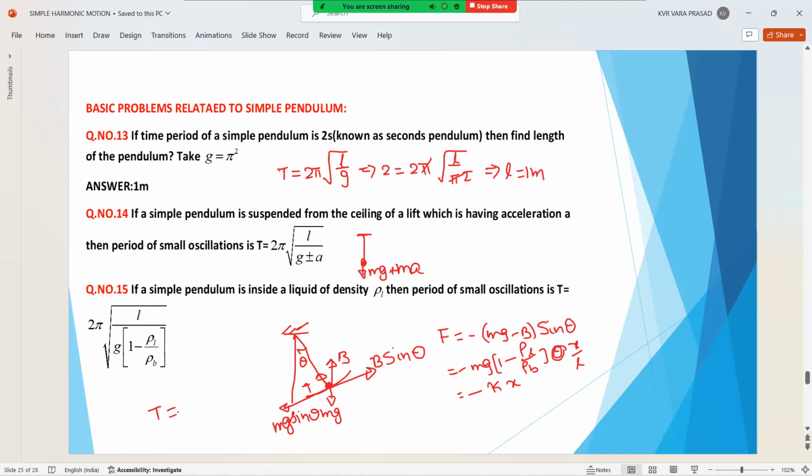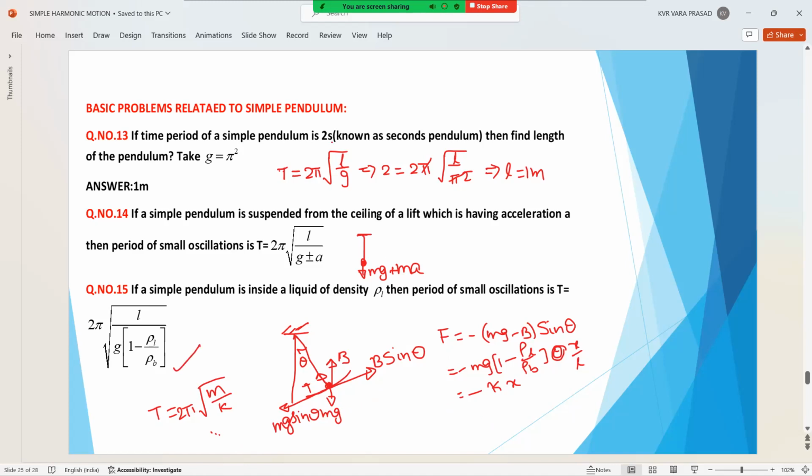Then substitute that value in T equal to 2 pi root m by k. In this expression, in place of k, substitute that value. Then we are going to get that expression. So finally, this is the final answer.